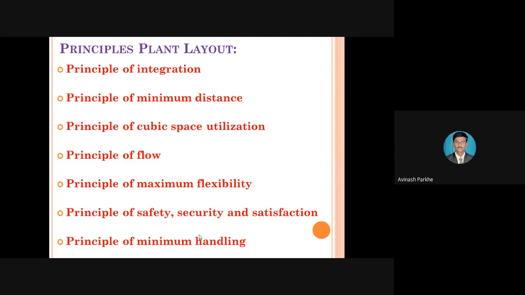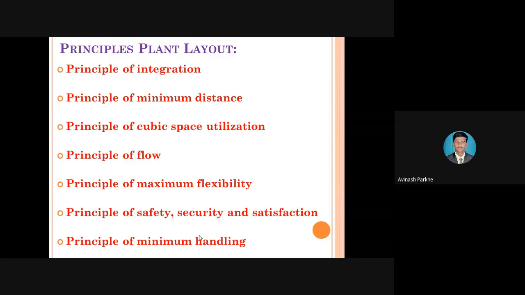If the operators and workers are not satisfied with their work, if they are under fatigue and stress, automatically the effect will take place on production. If the workers are not working in an effective manner, then there is no possibility of increasing your productivity, because maximum of the time there may be a possibility of accidents or breakage of tools. Such things arise.